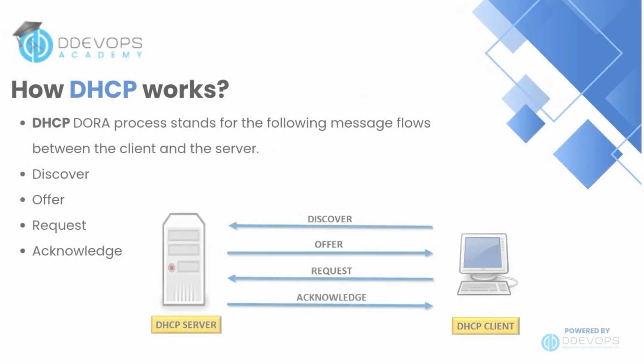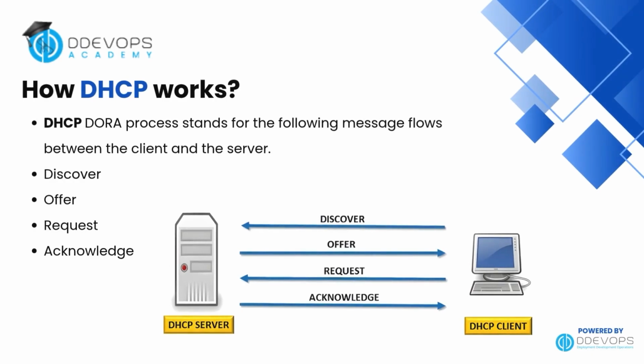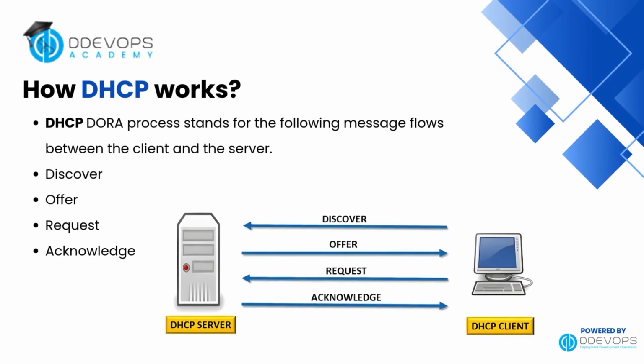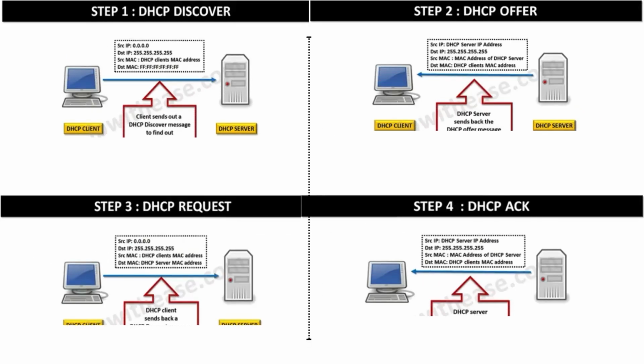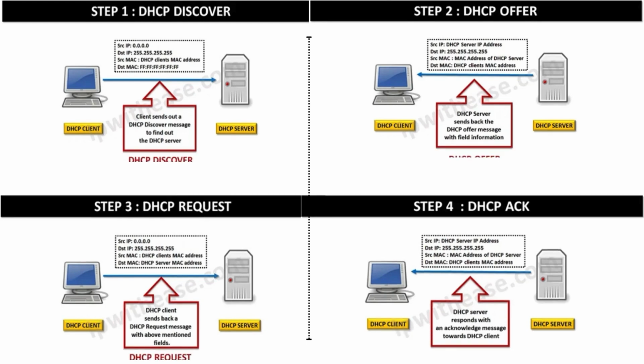How does DHCP work? The DHCP DORA process stands for the following message flows between the client and the server: discover, offer, request, acknowledge. The DHCP process consists of 4 main steps that allow a client to automatically receive an IP address from the server. In step 1, the client sends a DHCP discover message to locate available DHCP servers.